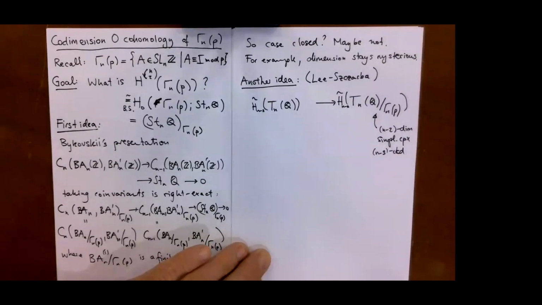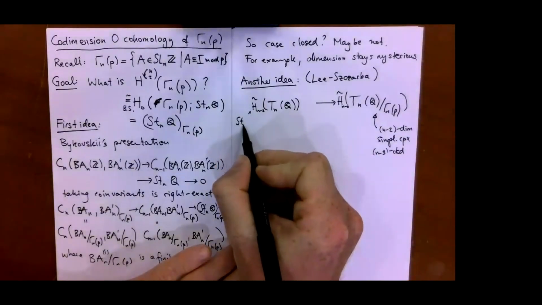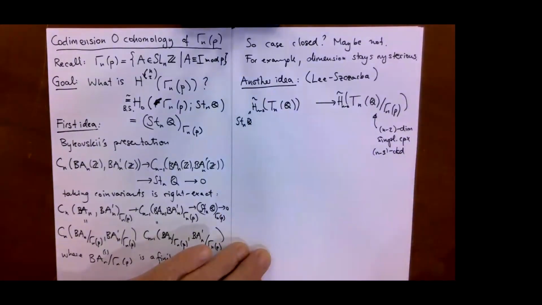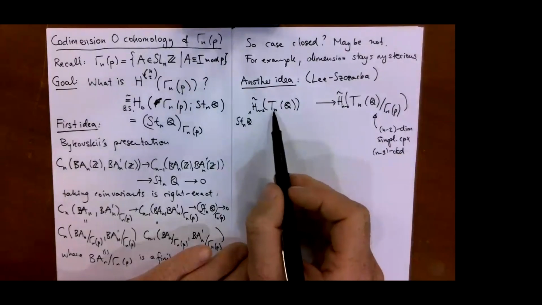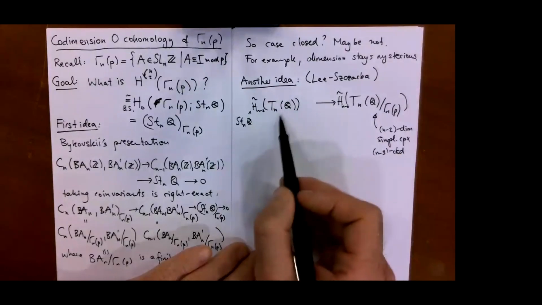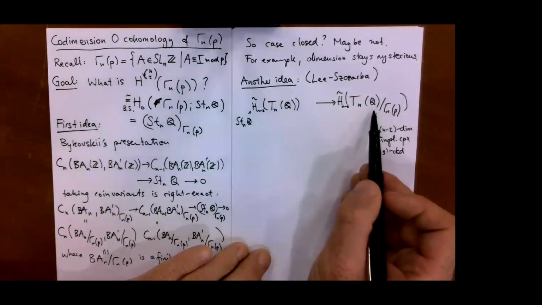And we have this map, and of course, this is the Steinberg module. On the space, we have the action of Gamma_n(p), and we mod out by this action over here.